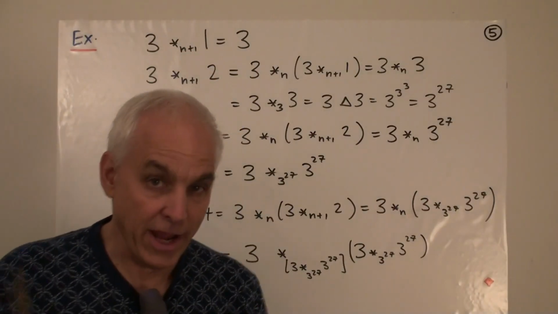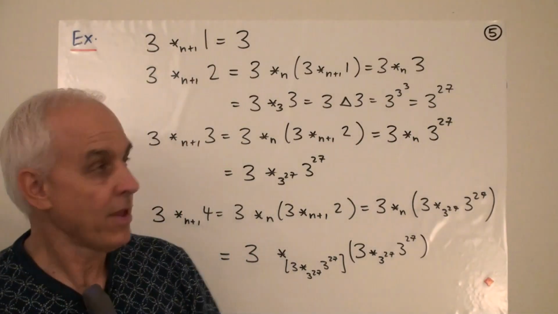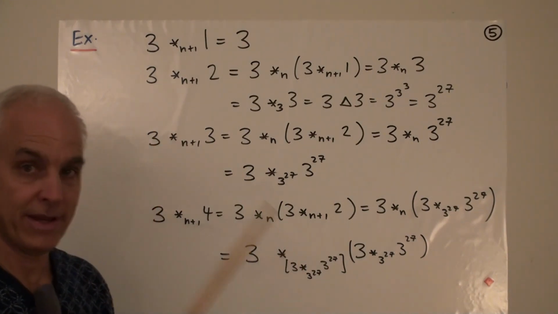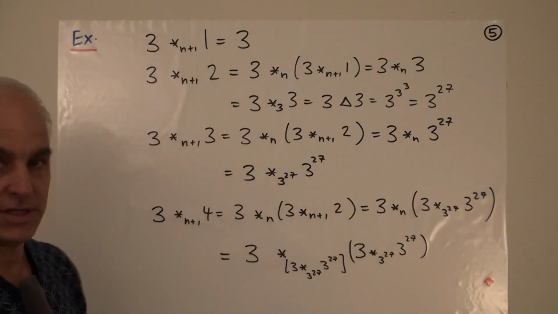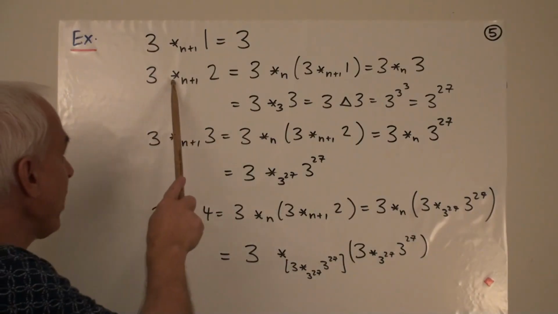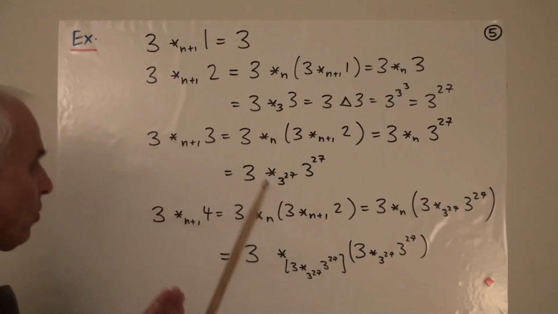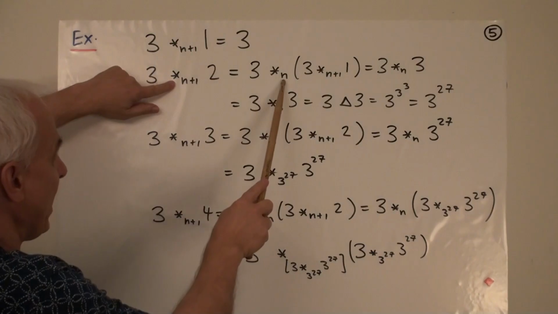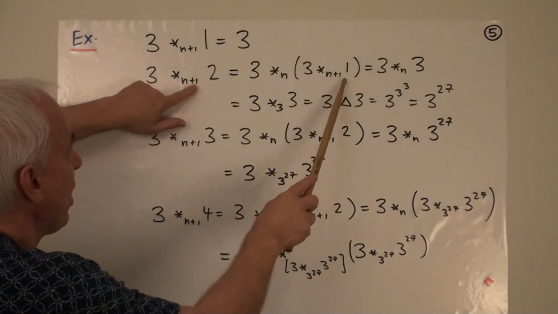So let's see if we can get our head around this new operation, star n plus 1, by just having a look at some simple examples. So 3 star n plus 1, 1, that's always 3. 3 star n plus 1, 2. All right, so we're just going to systematically look at the definition. This is by definition 3 star n times 3 star n plus 1, 1.